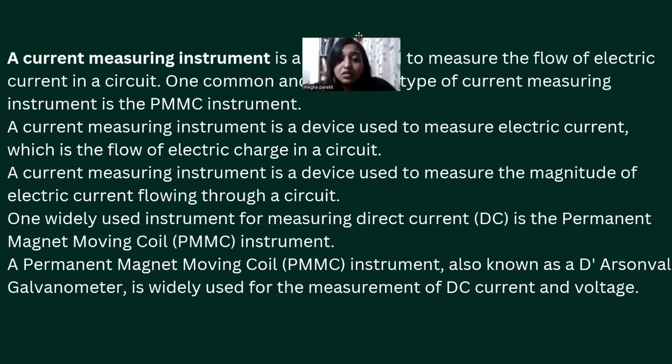One widely used instrument for measuring DC current is the PMMC. The PMMC instrument is also known as the D'Arsonval galvanometer, which is widely used for the measurement of DC current and voltage. So we know what a current measuring instrument is, and it is the PMMC, which we are going to learn today.